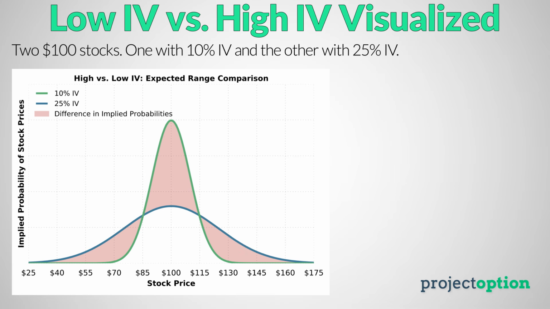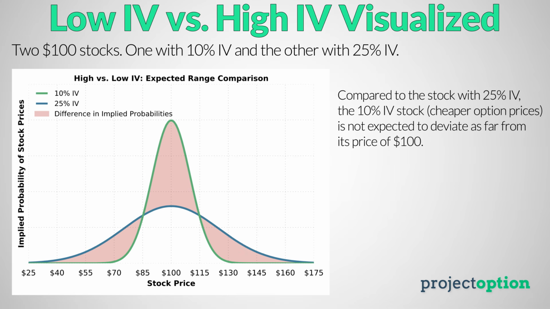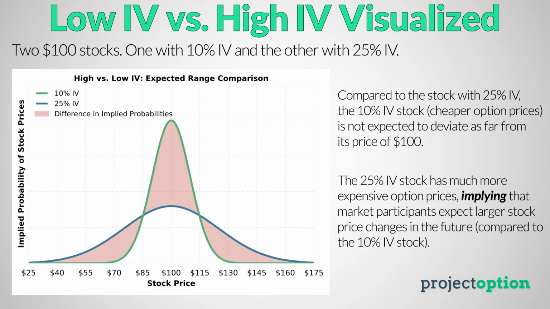The 10% implied volatility scenario tells us that there's a much higher probability that the stock price will be somewhere between $85 and $115 as compared to the 25% implied volatility scenario. On the other hand, the 25% implied volatility scenario tells us that there's a much higher implied probability that the stock price is below $85 or above $115 in a year, compared to the same $100 stock trading with 10% implied volatility.